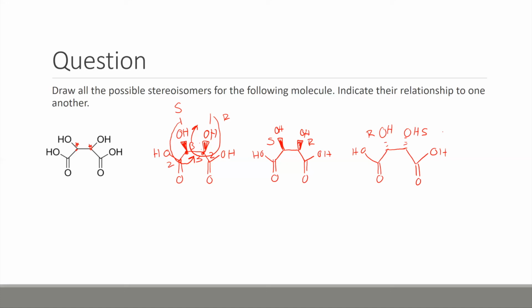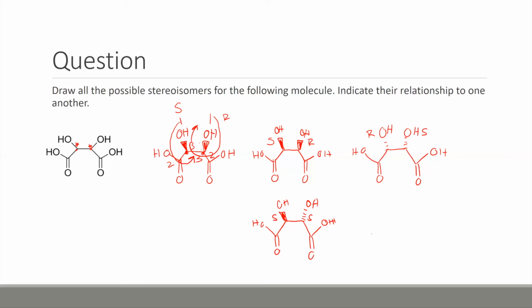Okay, let's think about other generated combinations. So we could have one going forward and one going back. So this one going forward is S configuration, and this one going back is also S configuration.